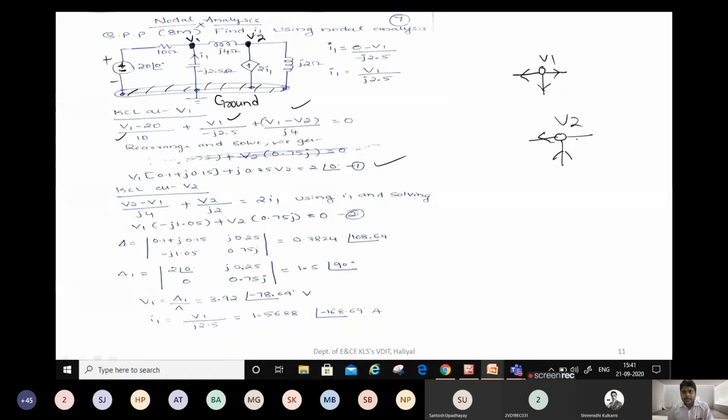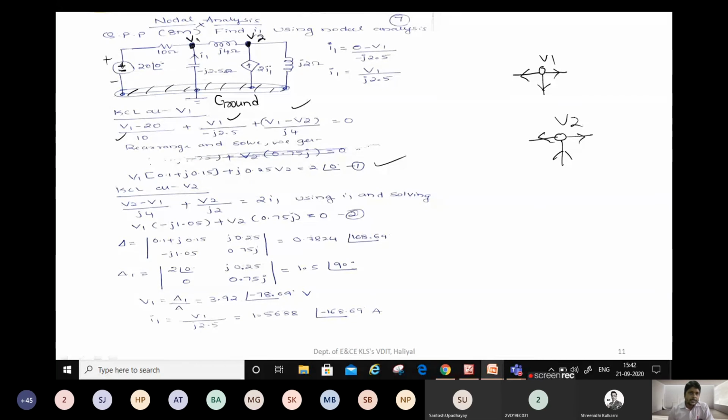For the other branches, you can assume the currents as outgoing. So I can write (V2 minus V1) divided by j4, then V2, this is ground, (V2 minus 0) or V2 divided by j2, equal to 2 times I1.